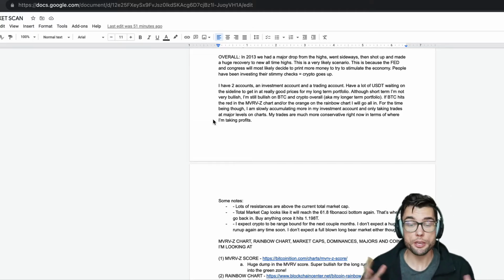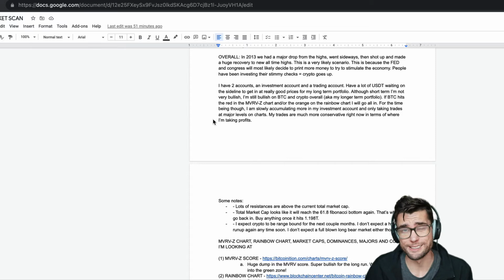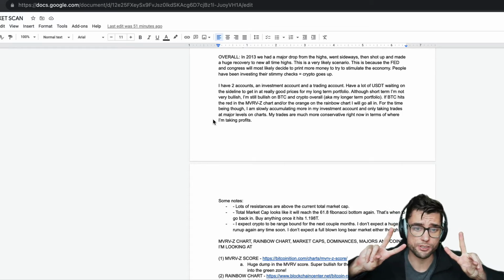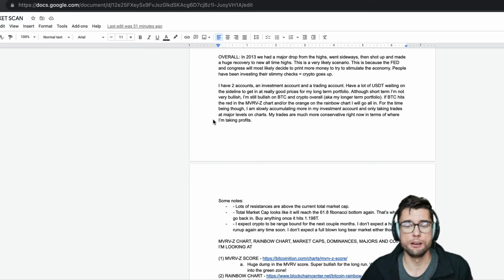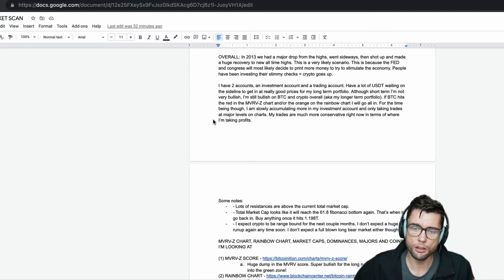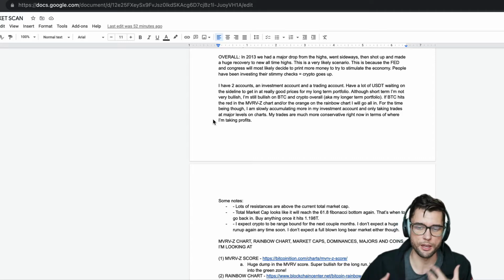Okay, so here is a really important concept that I personally follow. I have two accounts: an investment account and a trading account. I have a lot of USDT waiting on the sidelines to get into really good prices on my long-term portfolio. Although short-term I'm not very bullish, I'm still bullish on Bitcoin and crypto overall in the macro. So I want to be putting money into my investment accounts.